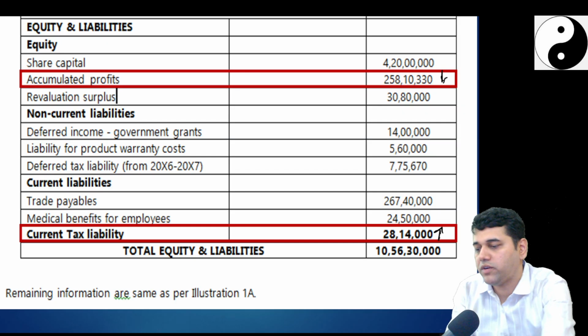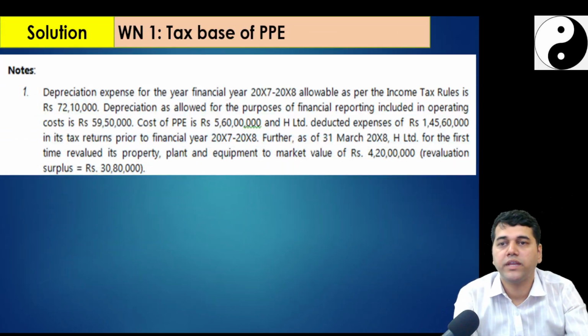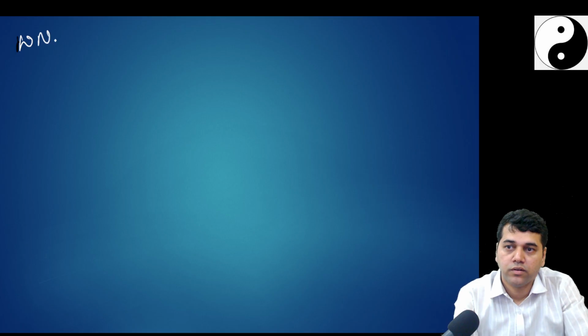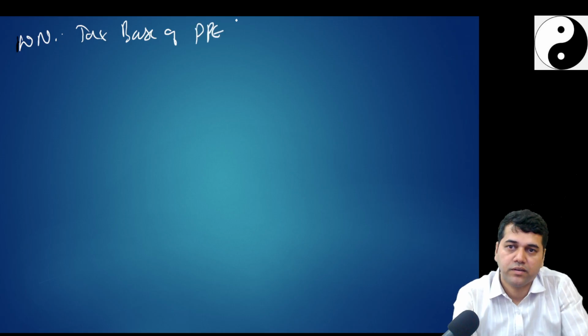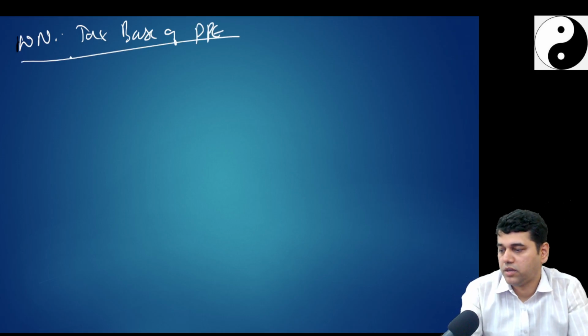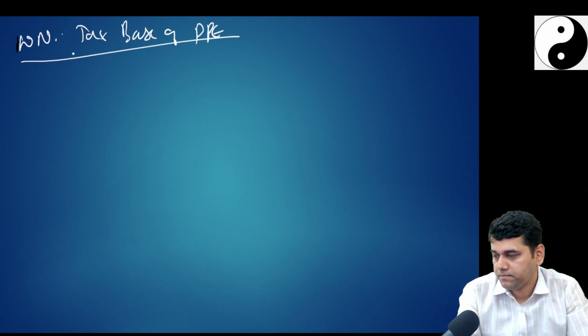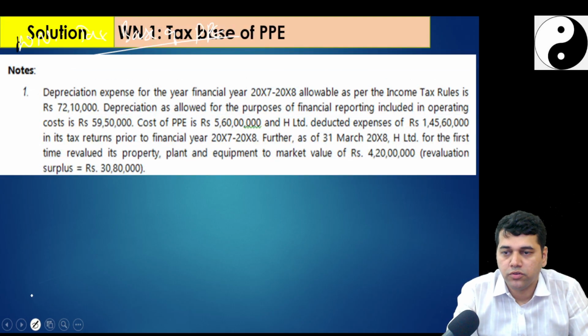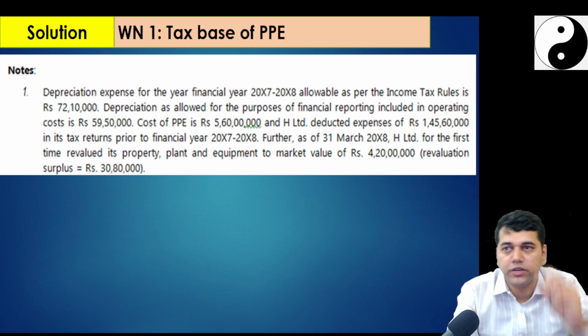Okay, for this, one thing I will do, we will do one working note, tax base of the PPE. Working note number 1. What did they say? Tax note for the PPE.